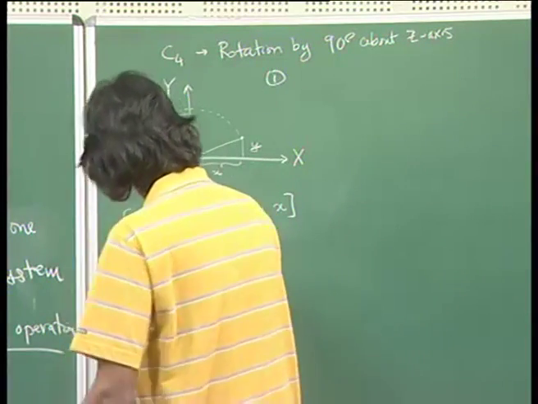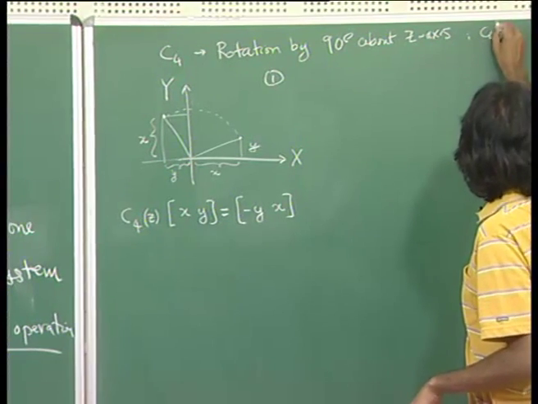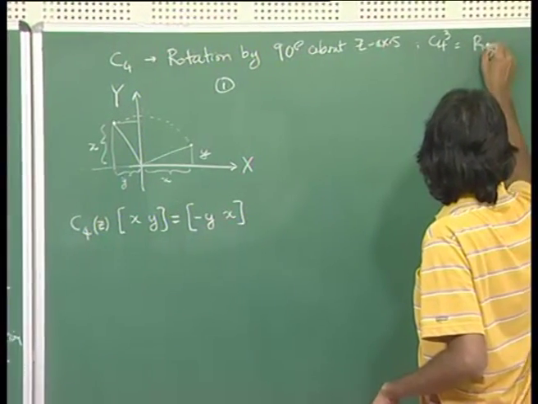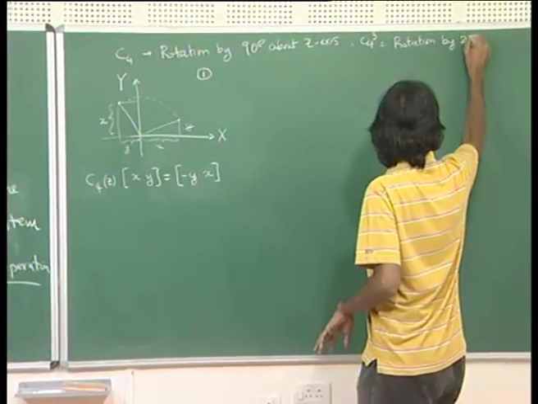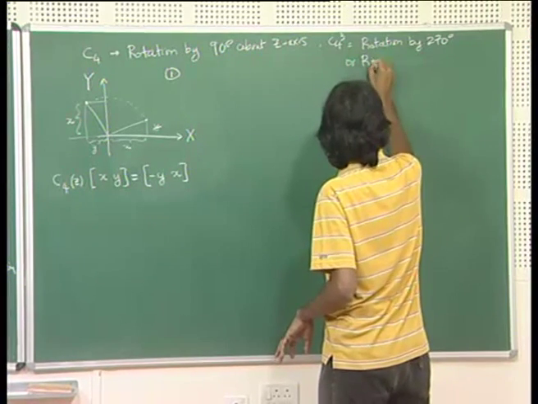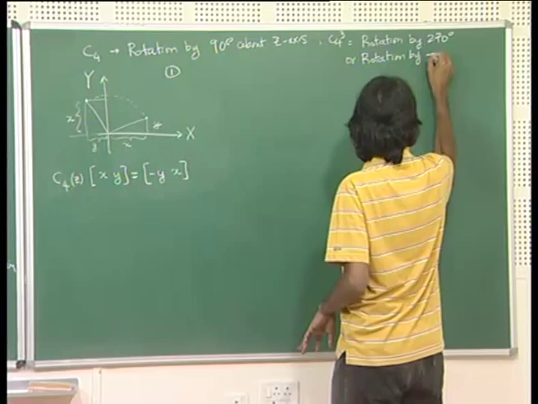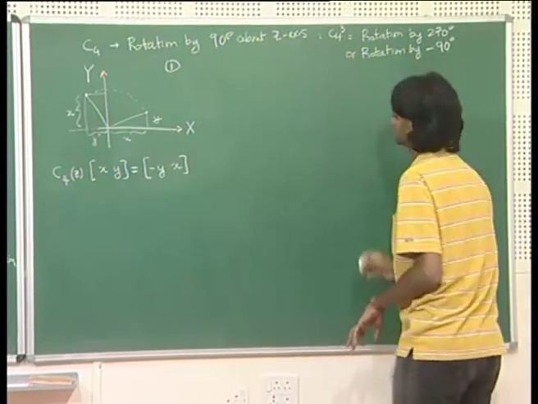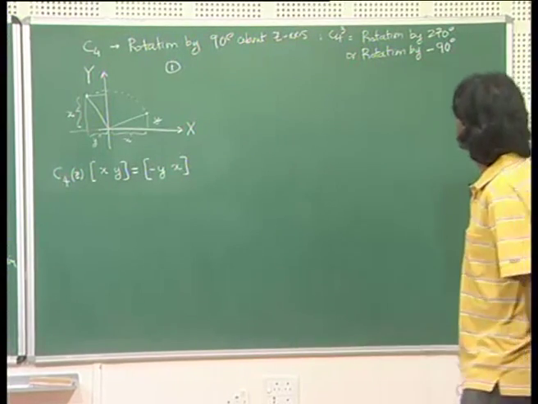Now if I rotate by 270 degrees, so C4 cube equal to rotation by 270 degrees or rotation by minus 90 degrees. So you can either rotate by 270 degrees or you can rotate by minus 90 degrees.